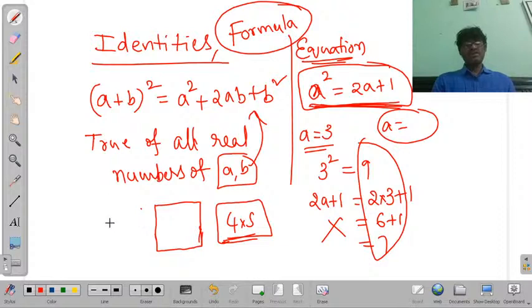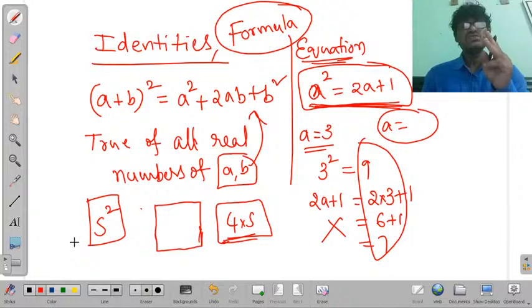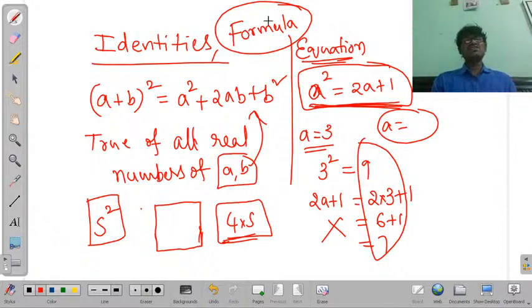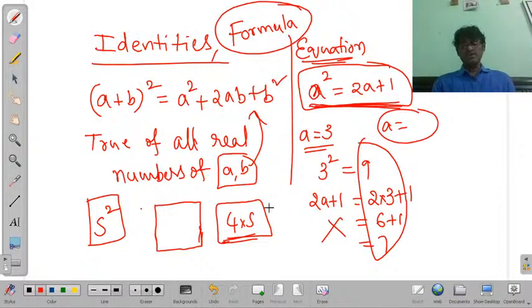Now, if we take the area of square, we can find it by using the expression s square. Now, this s square is said to be the formula to find out the area of a square. Okay, that is the difference between identity and formula. I think you understood the difference between identity, formula, and the equation.